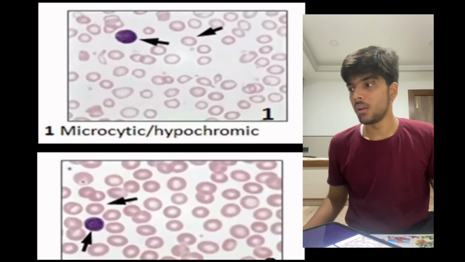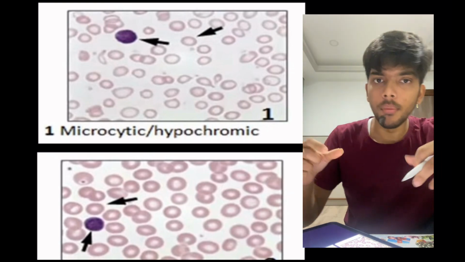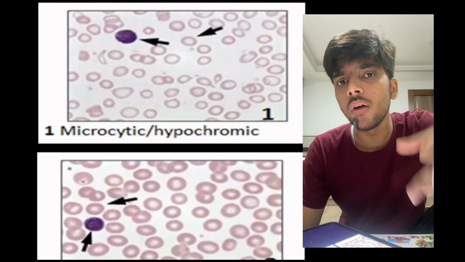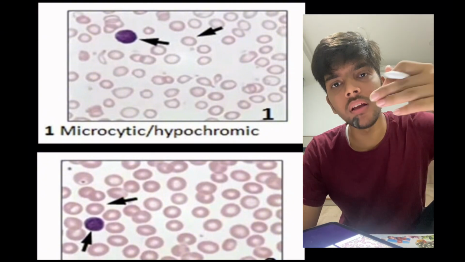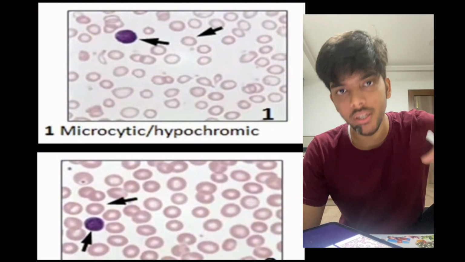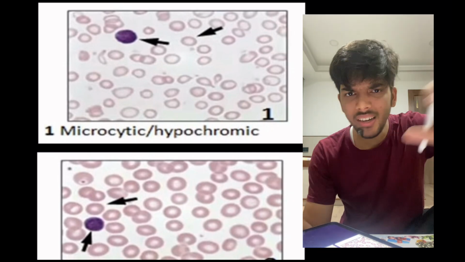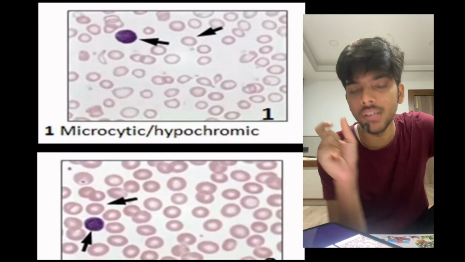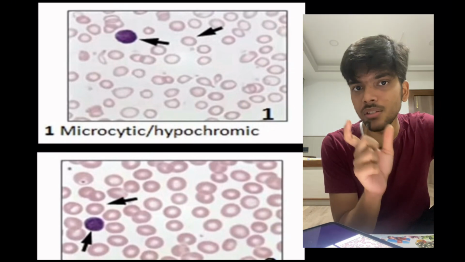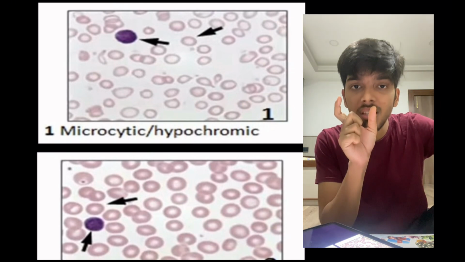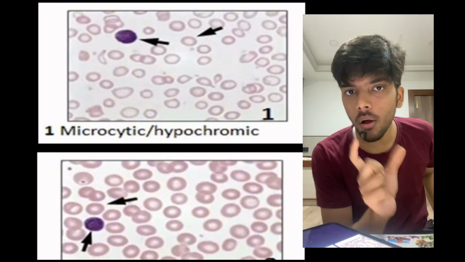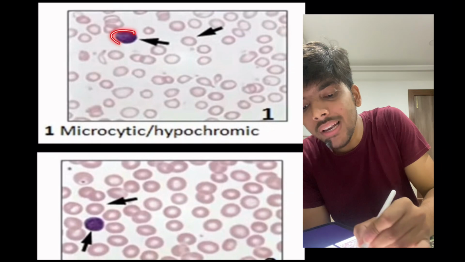Now here's the thing, let's say you draw blood, make a smear on a slide and observe it under a microscope. Now how will you find out whether the RBC is microcytic, normocytic or macrocytic? It's really difficult, and I don't even know how you are supposed to measure the volume of a single RBC. Instead, what technicians do is compare the size of a single RBC with a small lymphocyte.